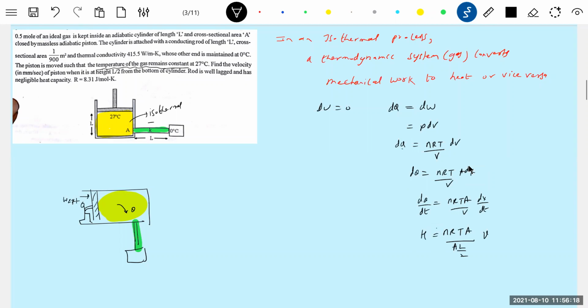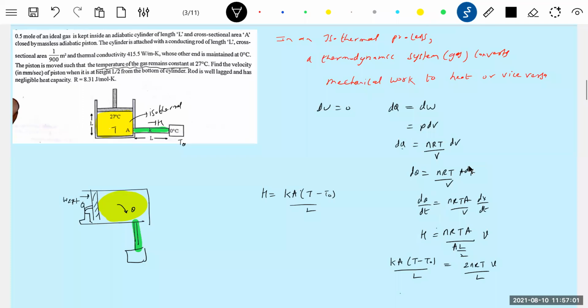Can you calculate h? Any formula for h? K A times the temperature difference, T minus T naught, by L. Let me write everything in symbols and substitute that here. That will cancel out, so 2 nRT by L into V. We know the temperature of the gas, so substitute and solve it.